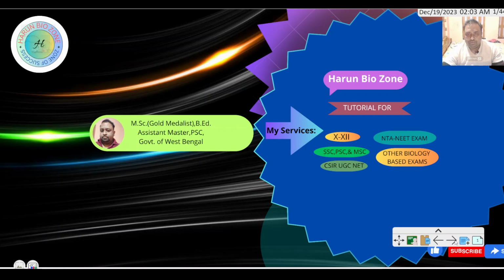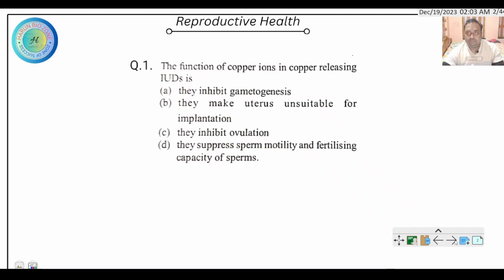Here the first MCQ question is: the function of copper ions in copper releasing IUD. What is the function of the copper ion used in an intrauterine device?